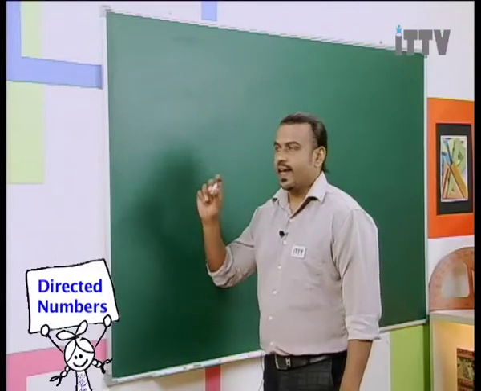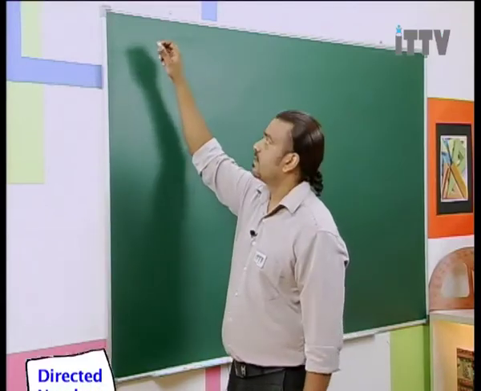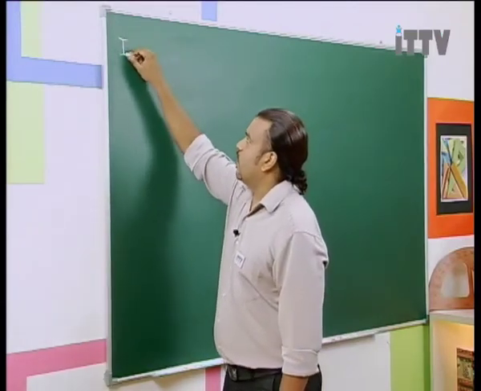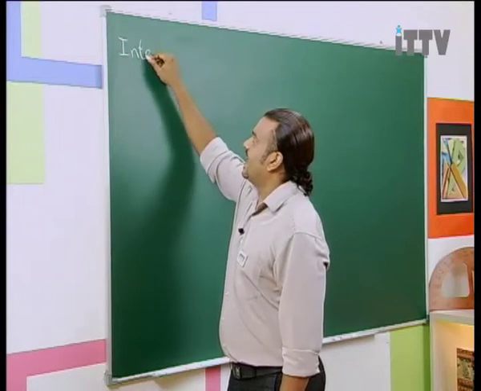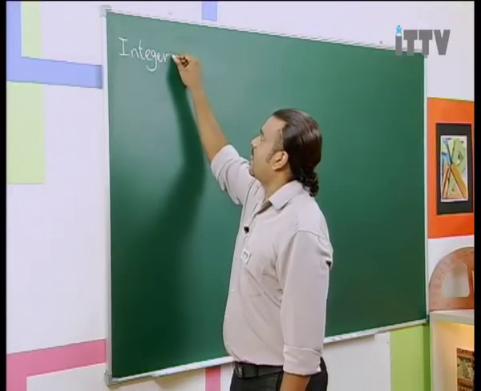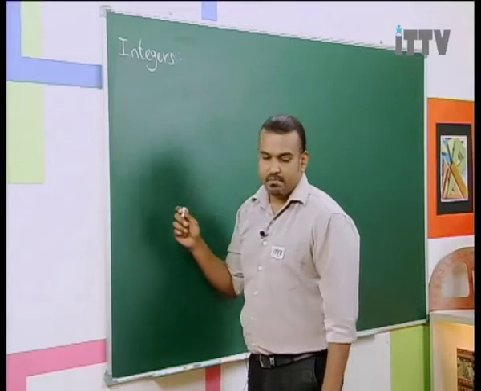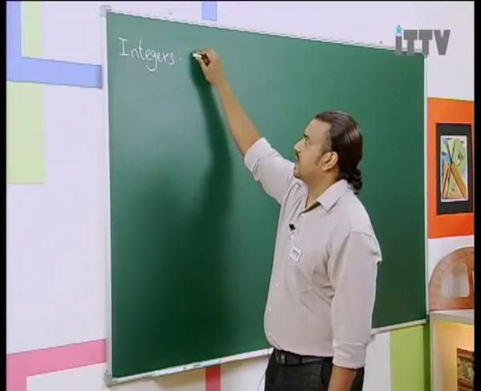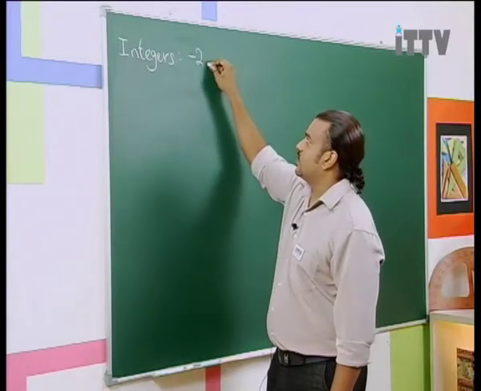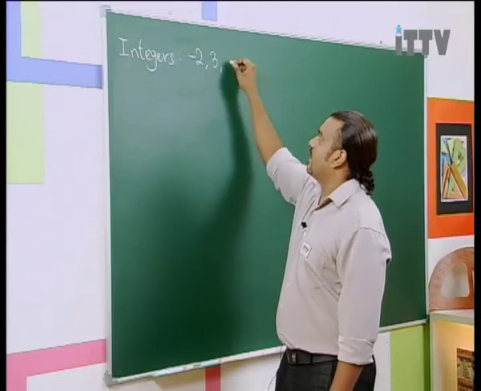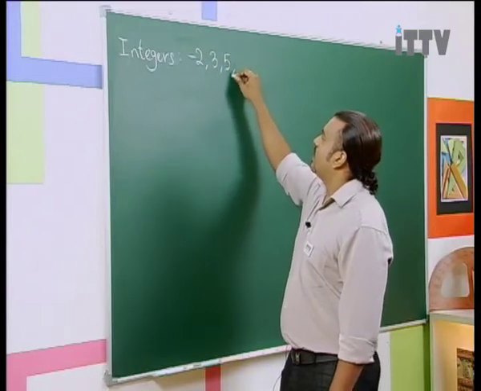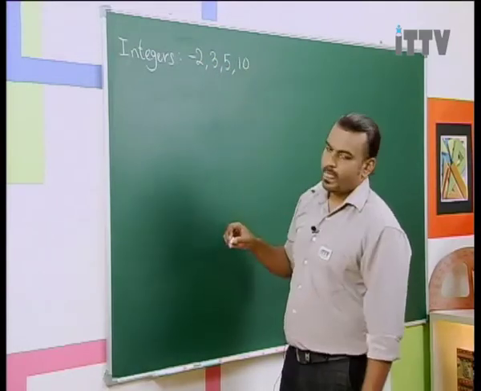So students, before that, I want to show you three terms. First, we're going to see what are these things known as integers. Integers are numbers that are basically something like this: -2, 3, 5, or even 10.